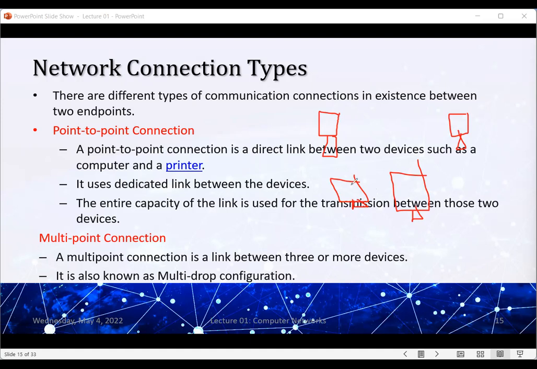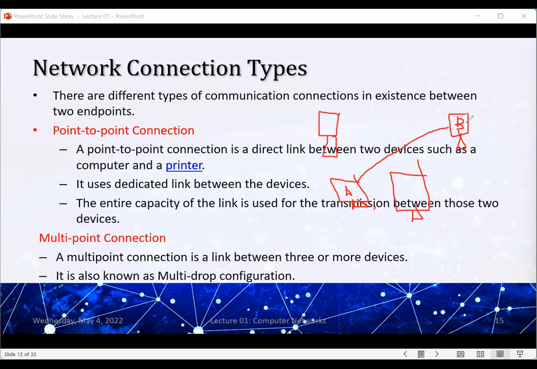Point to point means, if device A wants to communicate with device B, there should be a dedicated link. This link is used to communicate between A and B only. So we call it a point to point connection.